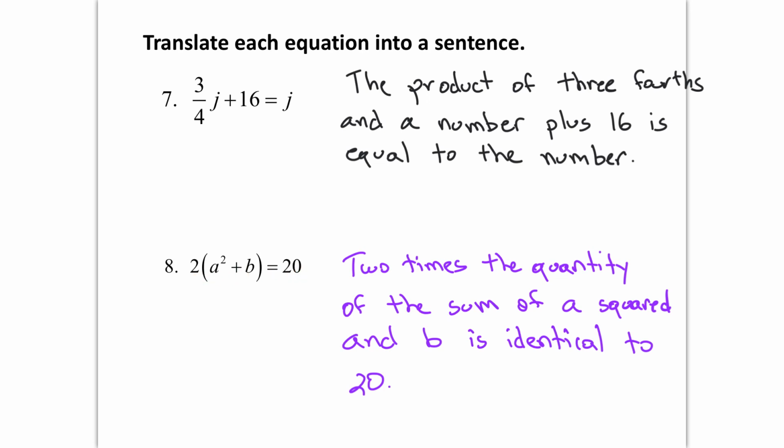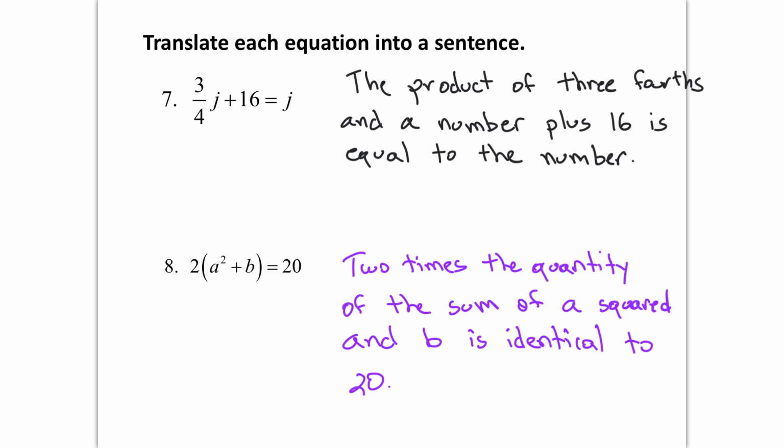There's many ways you can write down a sentence that represents an equation. But the keywords have to be in that sentence that represents what we have in the equation. So always try to make sense when you write a sentence. Try to make sense of what the problem is, and it has to relate to what you see in that equation. If you're adding, you have to say the sum.